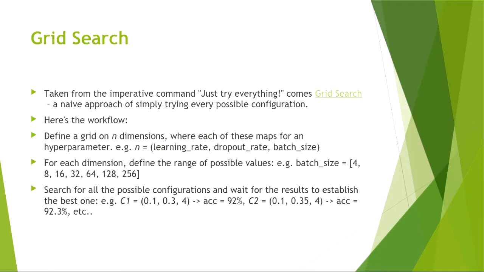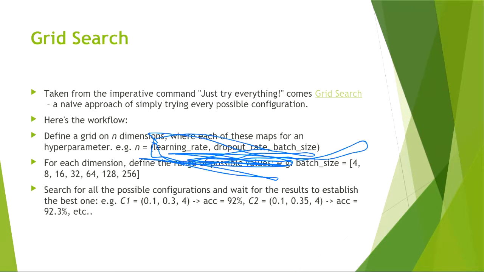What we are saying is that in a grid, let's say there are n dimensions. Earlier you could see only two dimensions. For example, there is a learning rate, a dropout rate, and a batch size. These are the three hyperparameters.